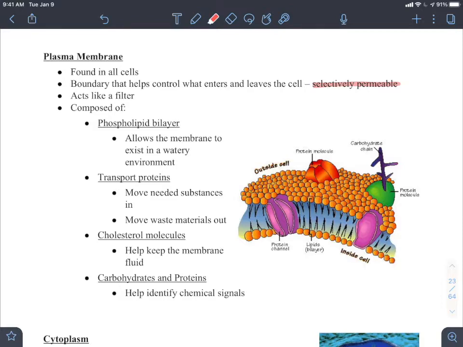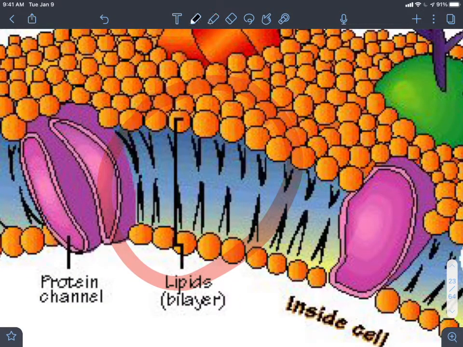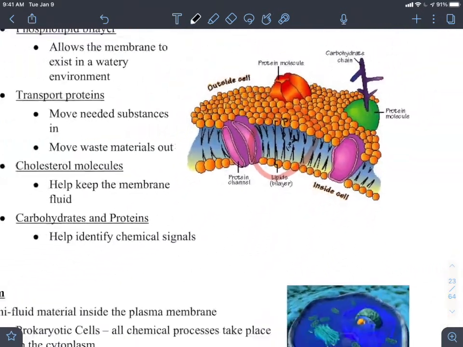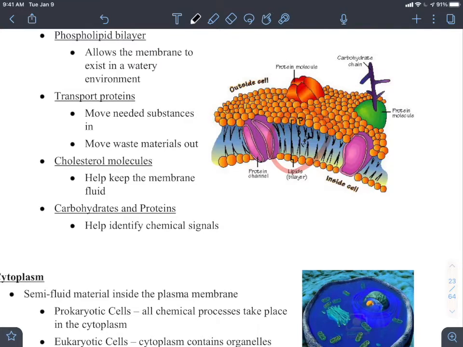They are formed of a phospholipid bilayer, which is what this is supposed to represent. What we have here is a phosphate head and then a lipid. This is the lipid here, and that's why it's a phospholipid bilayer, because there are two of them.